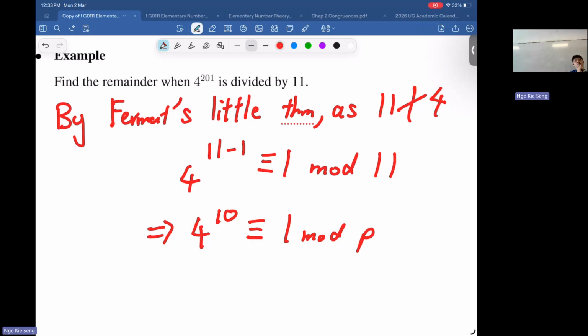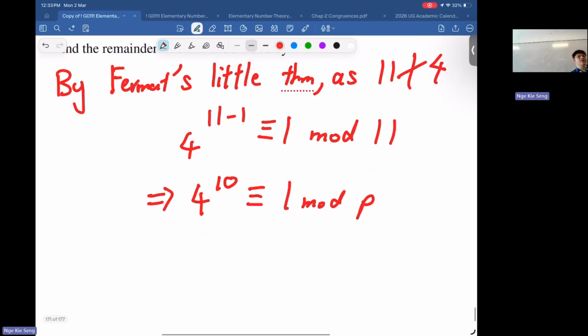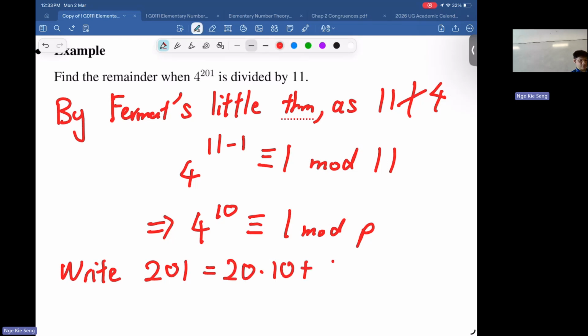What can you do? You know about 4 to the 10, but you want to know about 4 to the 201. Can you split it up? You could write 201 as a multiple of 10 plus 1, right? Yes. Okay, so it's like 20 times 10 plus 1.